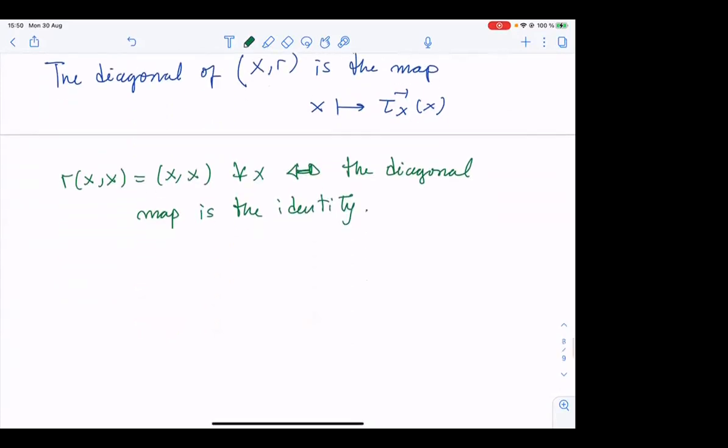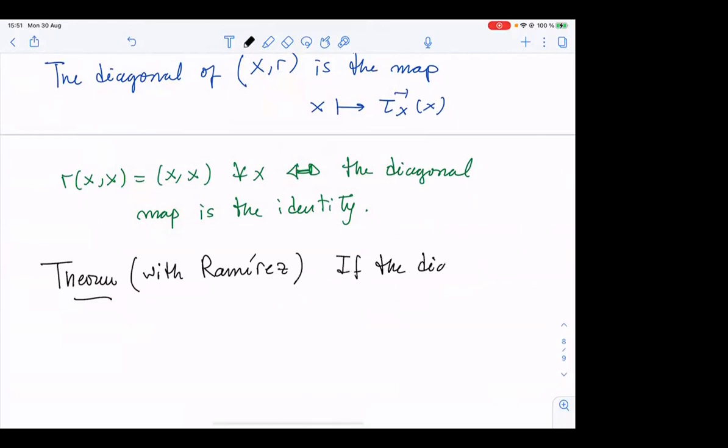Okay, and well, the first theorem that I would like to mention, with my student Ramirez, is that if the diagonal is a cycle, of course, it's a permutation on X, right?